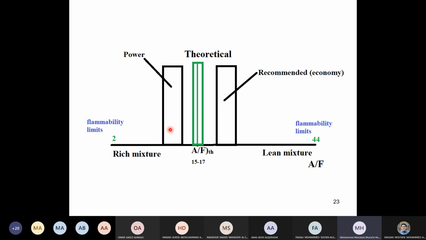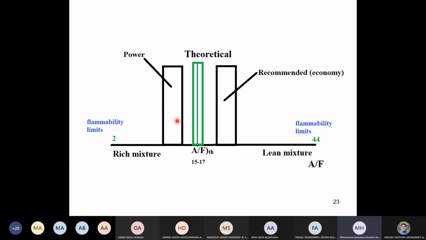How about this one here? Who works in this? This is Ferrari and car races. They do not care about economy. In a car race, you worry about power.